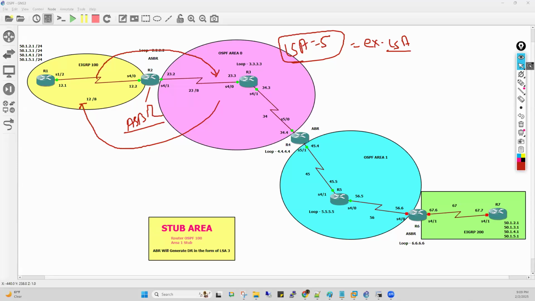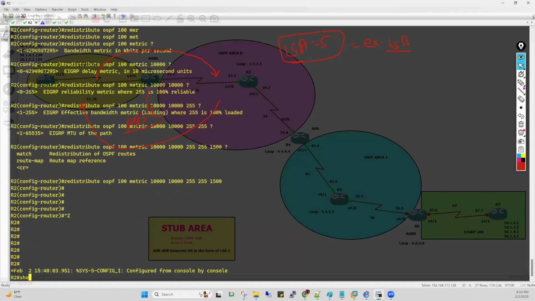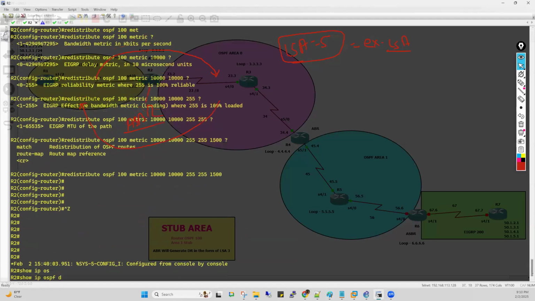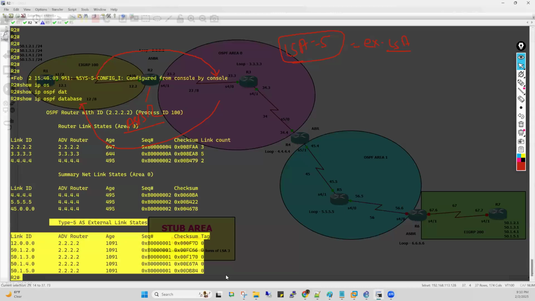In which format will it show? If you want to check LS type 5, you mean show IP OSPF database? Sir, this is LSA 5. Okay.